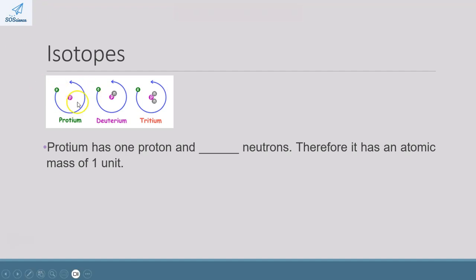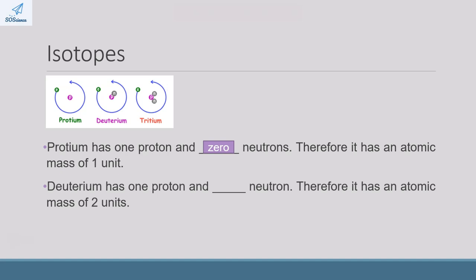Protium has one proton. How many neutrons does it have? Well, it has no neutrons, so its atomic mass is 1 unit, and that is made up by the one proton. Deuterium has one proton, and it has one neutron.